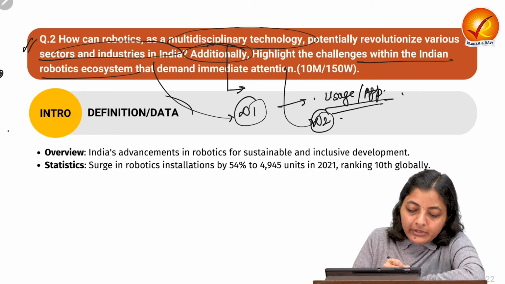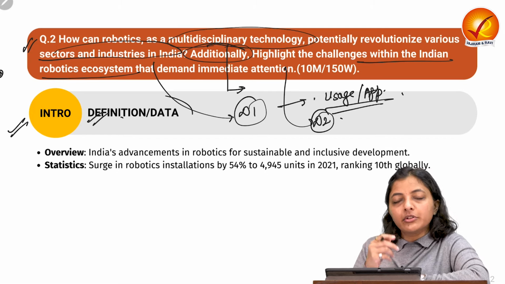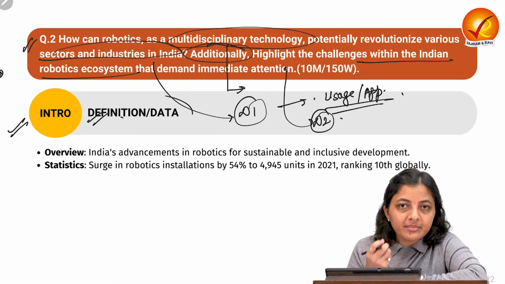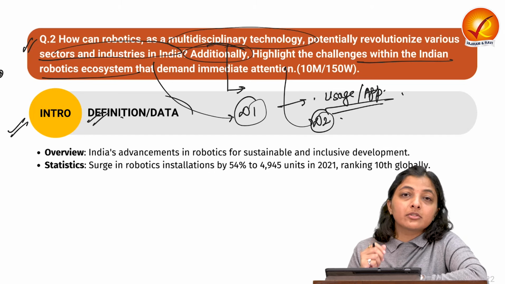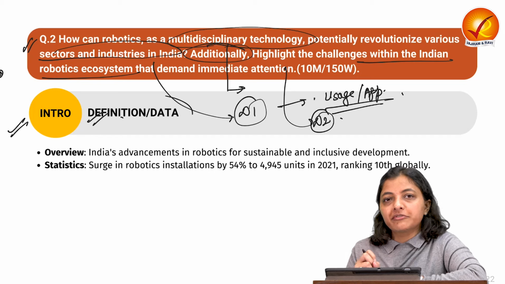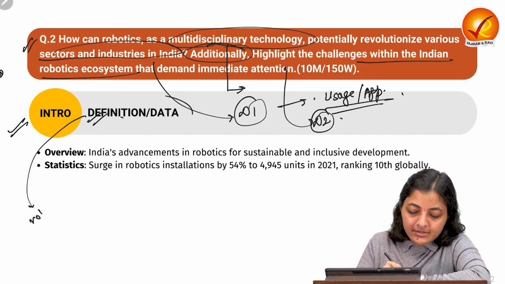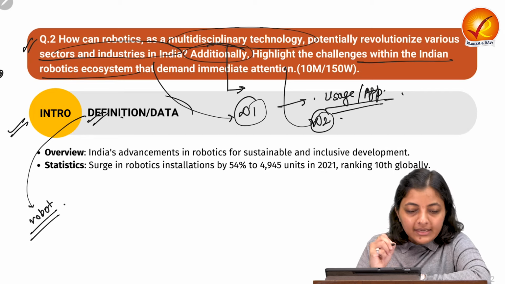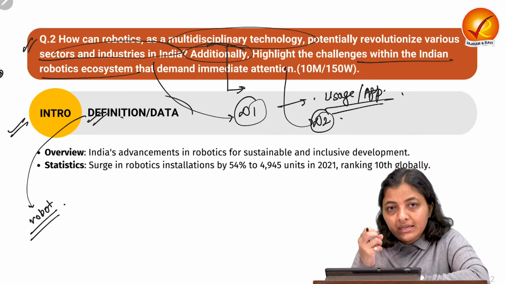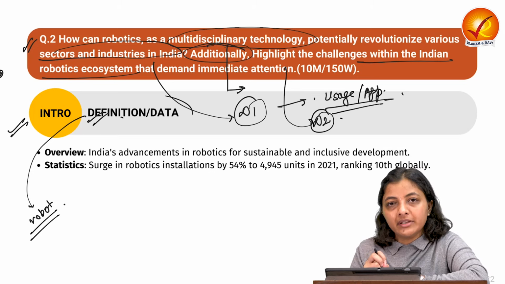Okay. So in the introduction, you can start with the very basic definition of robotics, or you can put some data with respect to the increase of robotics installation in India and the rank of India's robotics installation in the global arena. So now let's understand what a robot is. It is an automated machine that does specific tasks with or without human intervention.